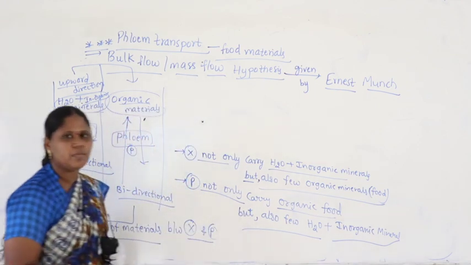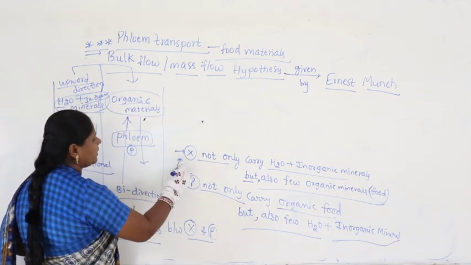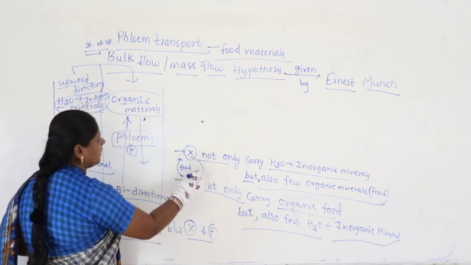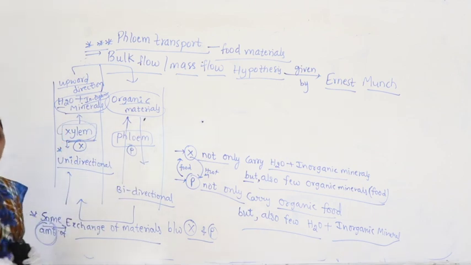These two statements hold because there is a continuous exchange of food and water. Phloem gives little food to xylem, and in return xylem gives water and minerals to phloem. Exchange between xylem and phloem takes place.